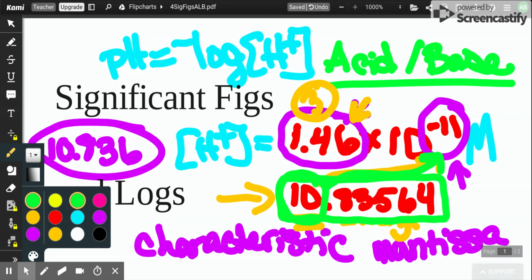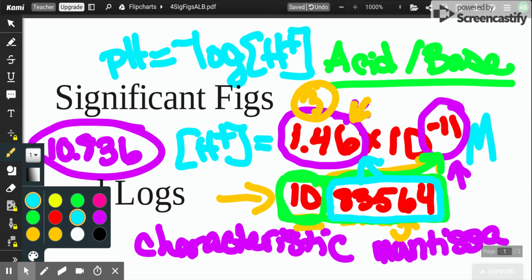In this case, we know it's 10 to the minus 11. And there are 5 sig figs right here. That means, if I was going backwards, I would get 5 numbers out in front as my mantissa.